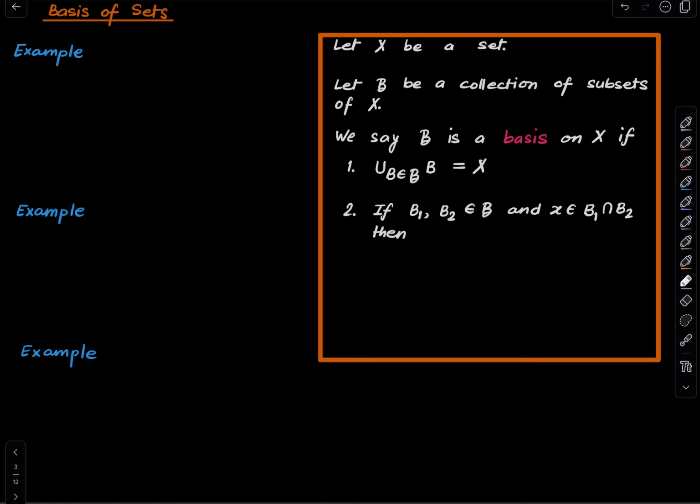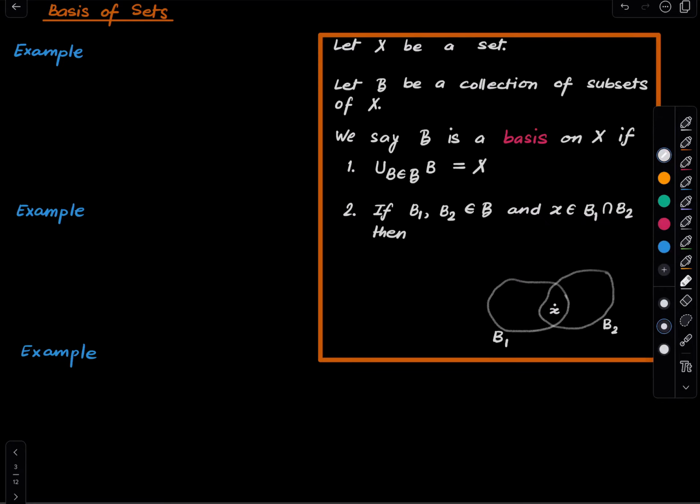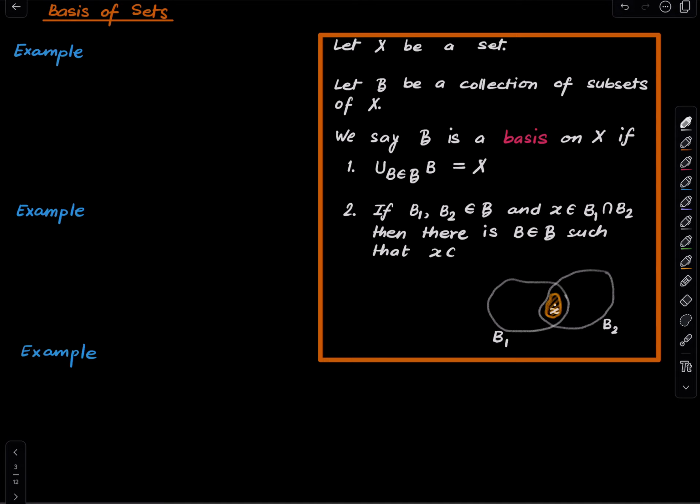let me draw a figure. So this is, let's say, B1 and that is B2. And there is this point x. Then what we are demanding is that there is some element B in script B such that x is in B and B is contained in the intersection of B1 and B2.